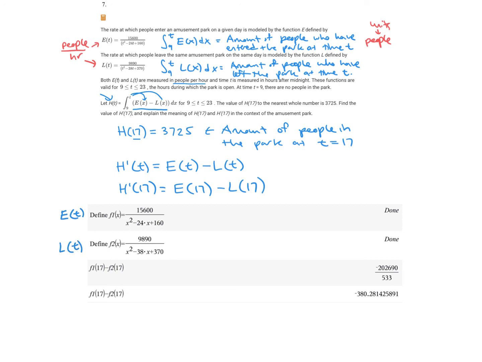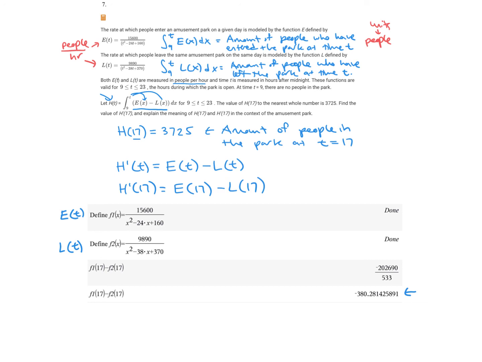And then we're basically just plugging 17 into each one and subtracting those values. You don't have to define the functions. Obviously, you could just plug 17 into E, plug 17 into L, and then subtract the values. And then I had to press Control Enter to get that decimal approximation rather than the exact answer.